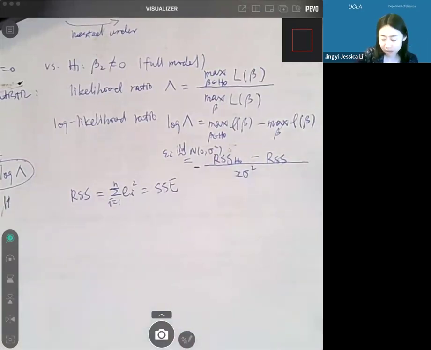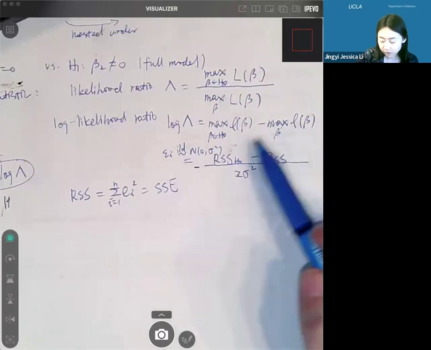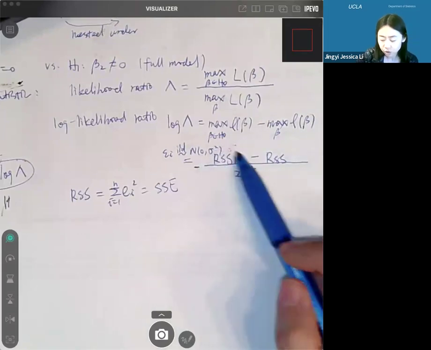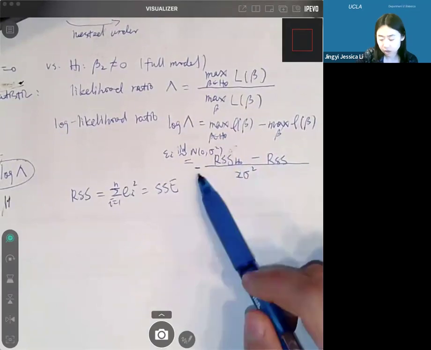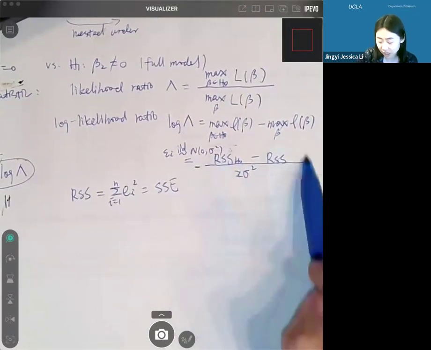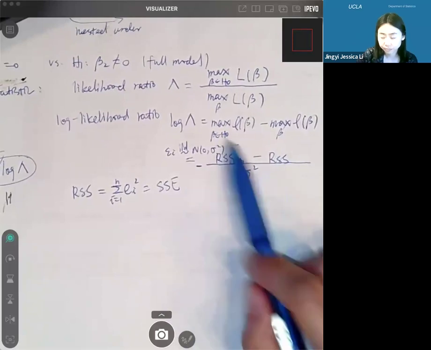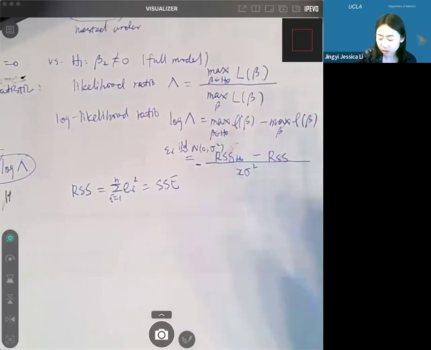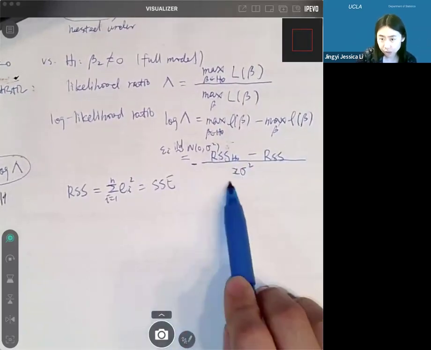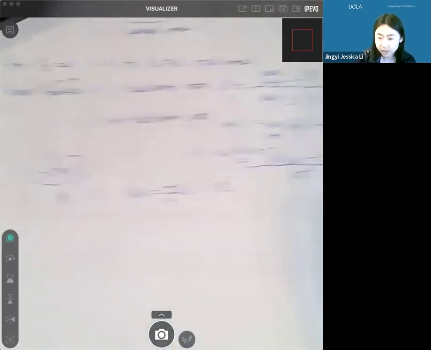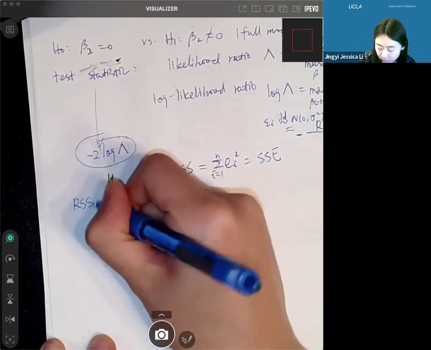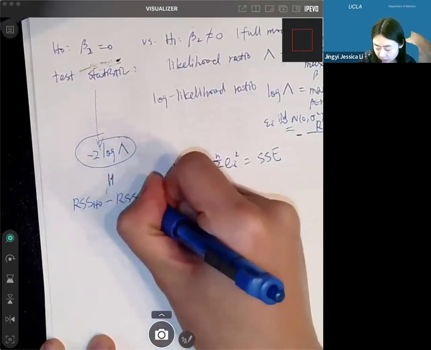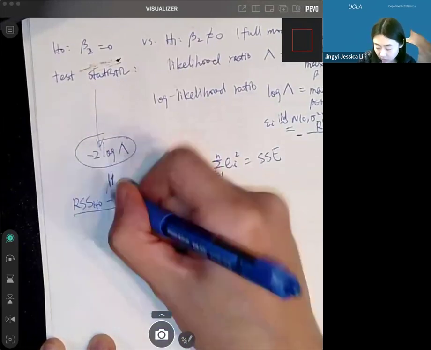The more parameters, the better the fitting. So this RSS should be bigger under the constrained model than the full model. So we need this negative sign because we know this is negative, as we said. Now we multiply by -2 to make it positive. Then this term is just RSS H0 minus RSS divided by sigma square.